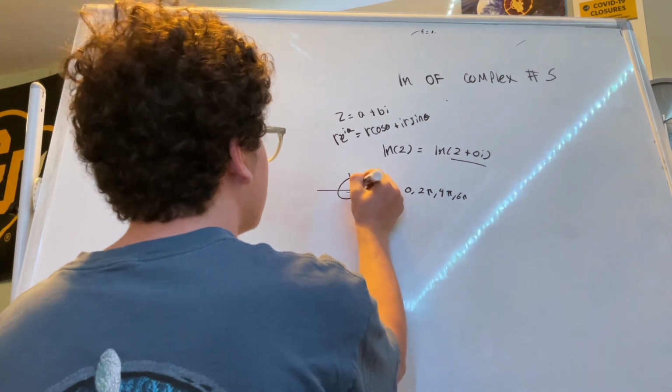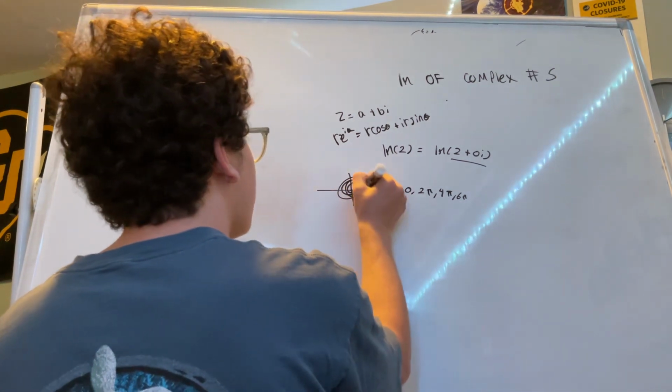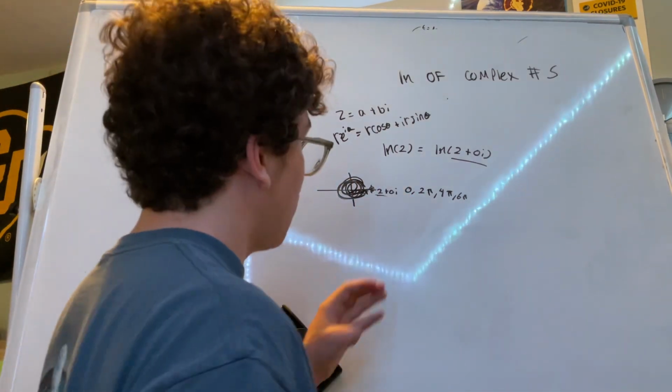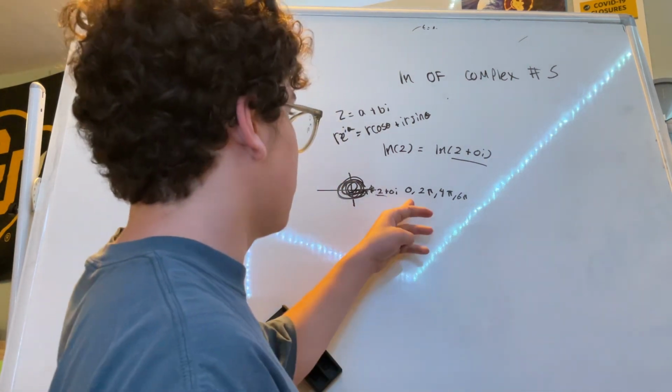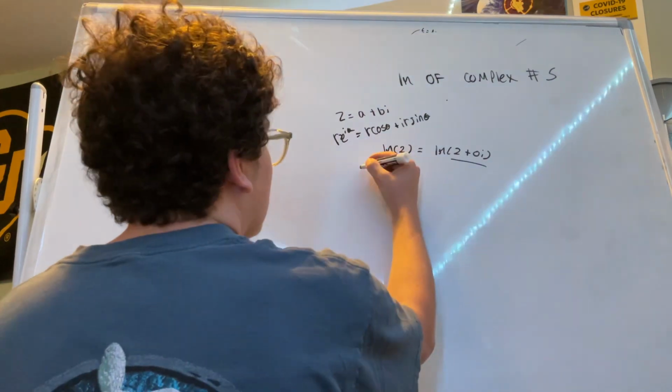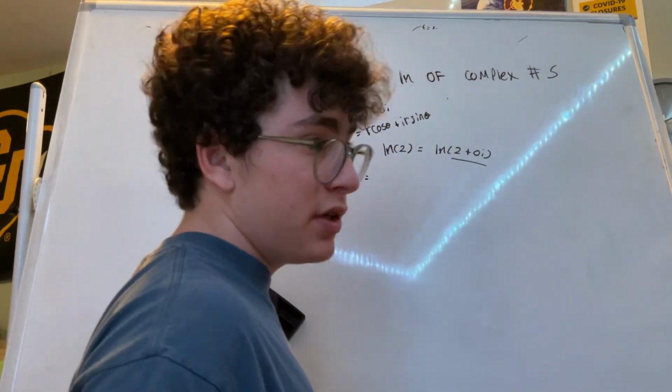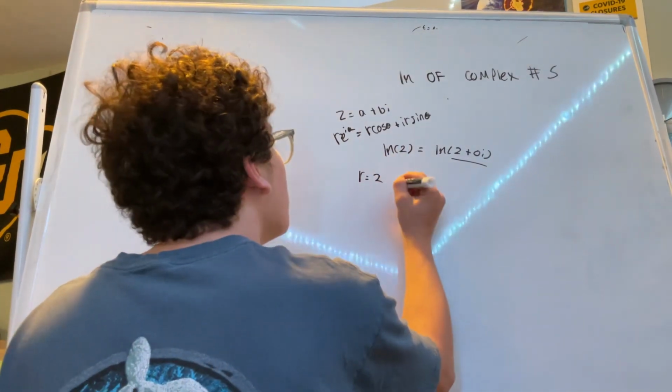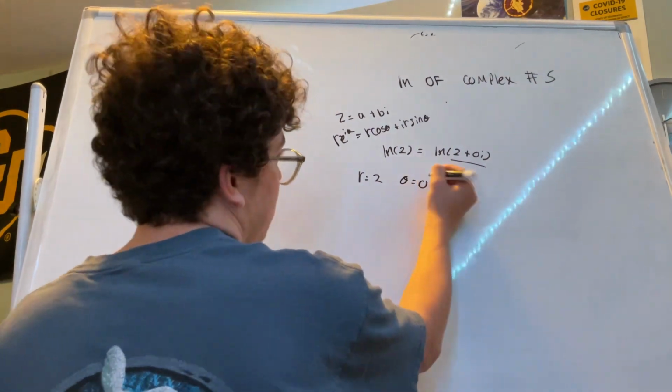All you got to remember is this, but because we're using a branch cut, we're going to stick with 0 today. So, we've determined that r, our magnitude, is equal to 2, and our theta is equal to 0.